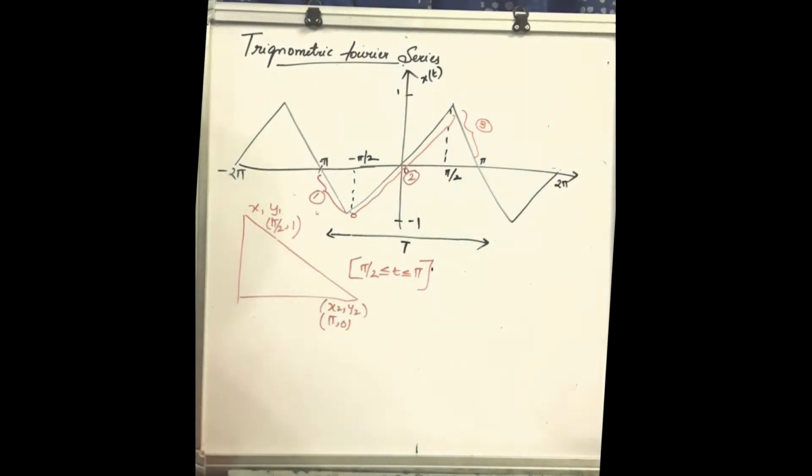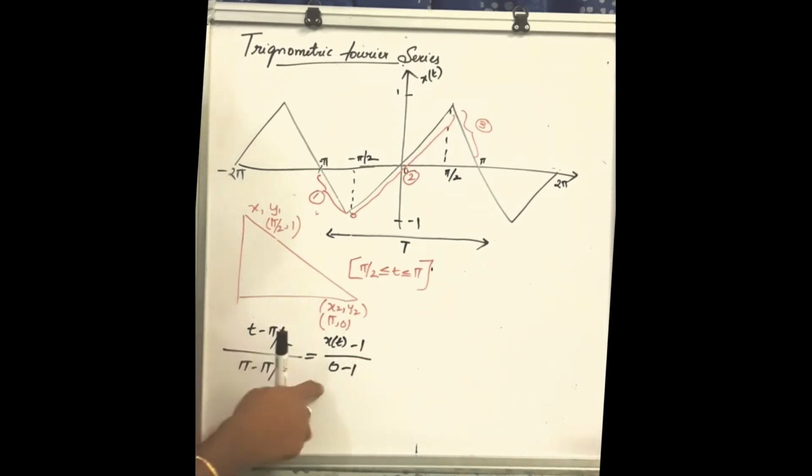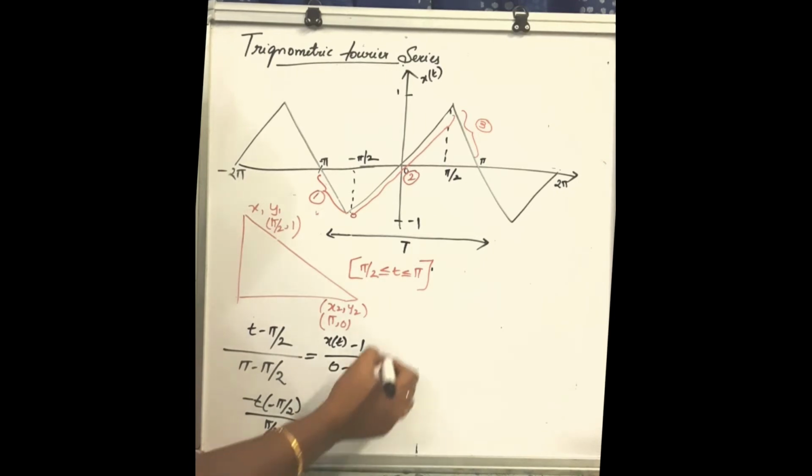So having this, find the equation using the straight line equation. So it's (t minus pi by 2) by (pi minus pi by 2). That is (x minus x1) by (x2 minus x1) is equal to (y minus y1) by (y2 minus y1). I have directly substituted in the straight line equation, and now I am going to simplify it to get x of t. Pi by 2 into (x of t minus 1).